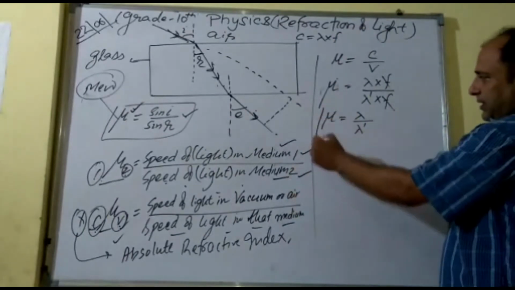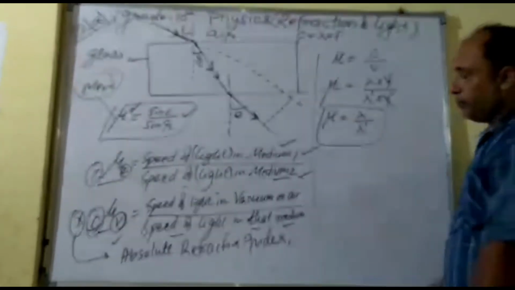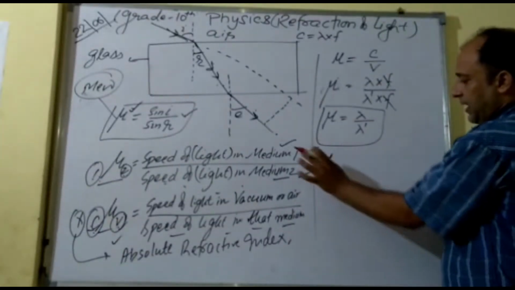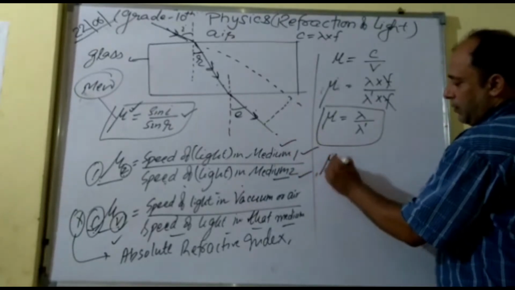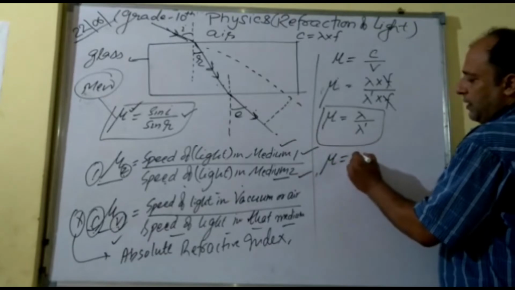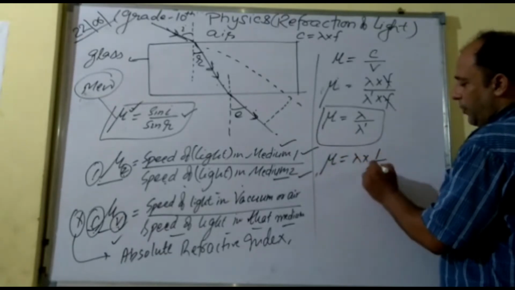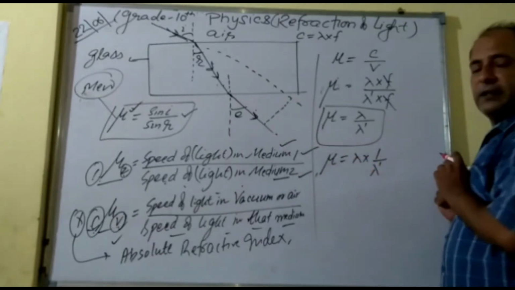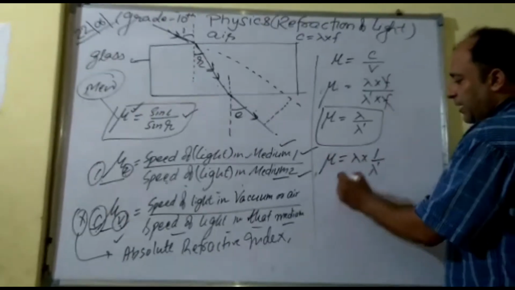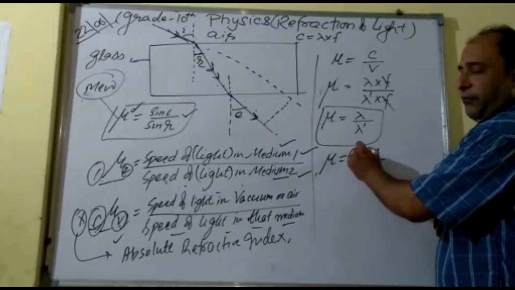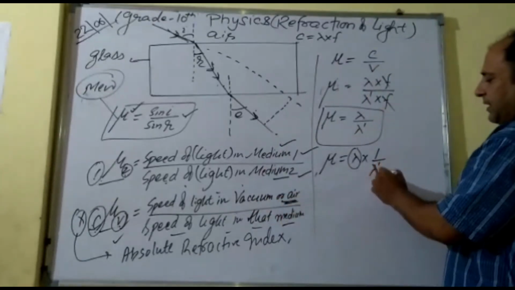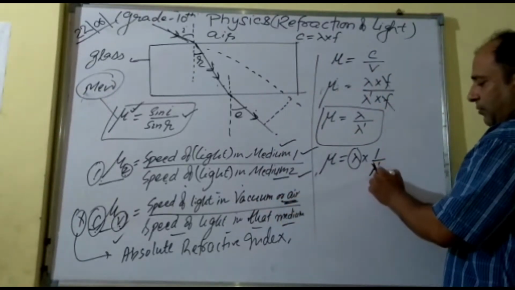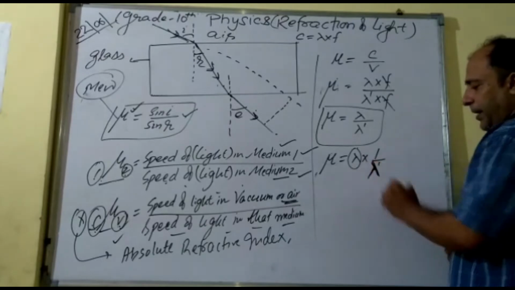So by using this concept, you can say refractive index is lambda into 1 upon lambda dash. It means it is the reciprocal. Lambda is the wavelength of light in air, and lambda dash is the wavelength in the given medium.